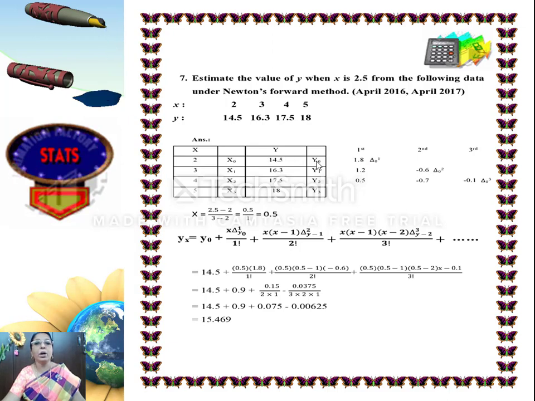Y0, the first value in y is y0, plus the x value that you found out, 0.5, into the first value in the first difference column, 1.8, divided by 1 factorial, plus again 0.5, the x value, into 0.5 minus 1, into the second difference column first value, minus 0.6, divided by 2 factorial, plus again the x value 0.5 into 0.5 minus 1, 0.5 minus 2 into the third difference value, the first value, minus 0.1 by 3 factorial.